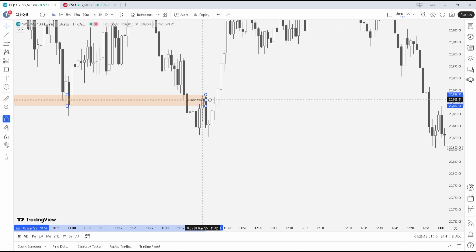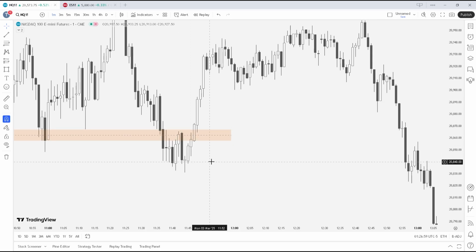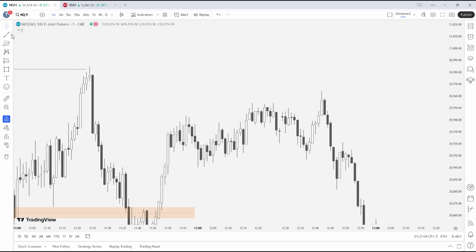We come back lower once again. This is not a very clean respect, but we come lower and then push again higher towards this buy side liquidity that we generated, right?